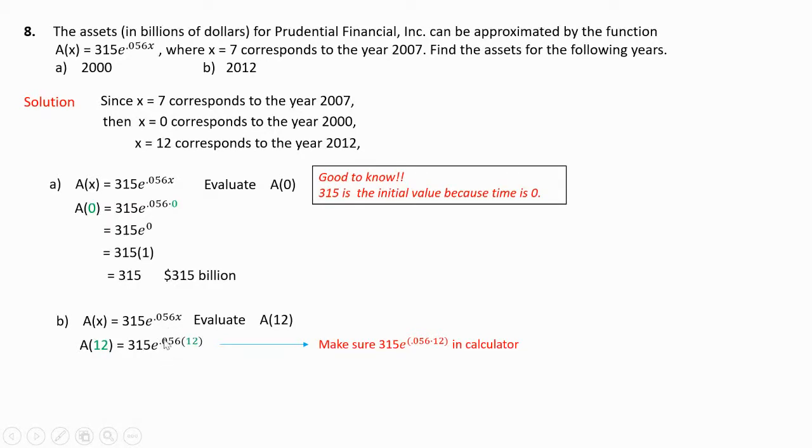If yours does that, you're okay, but it's always wise to put everything in parentheses, because if not, this will be an incorrect answer. So you're going to enter it like this. That will give you 616.8171575. Now round to the nearest billion, so it's going to be 616.8 billion. That's the answer for B.